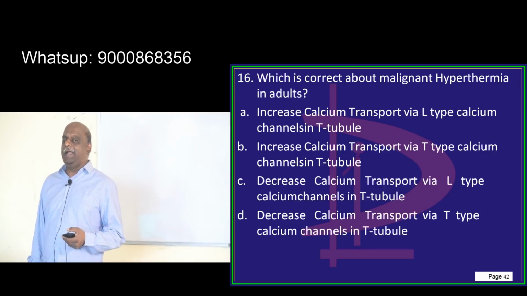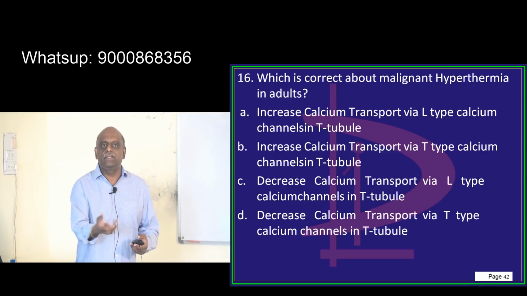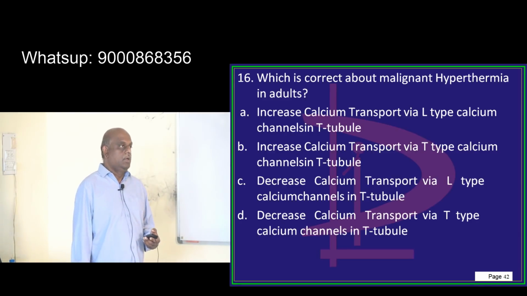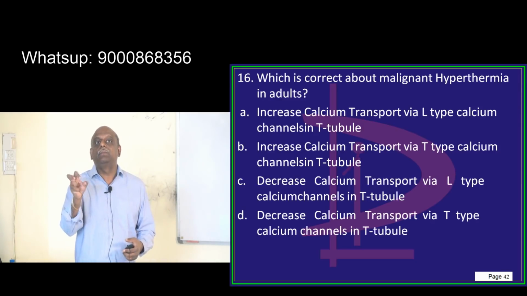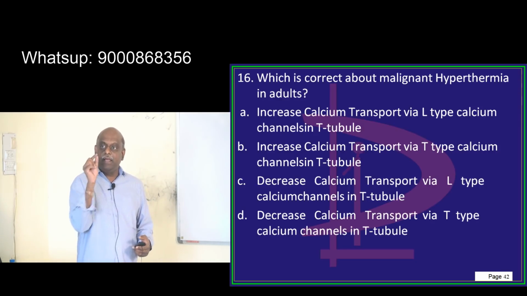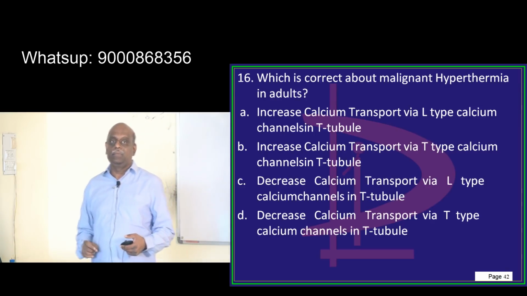How does malignant hyperthermia occur? Sarcoplasmic reticulum releases the calcium in the muscle, which enables actin and myosin to interact and leads to muscle contraction. There are ryanodine receptors in the sarcoplasmic reticulum.